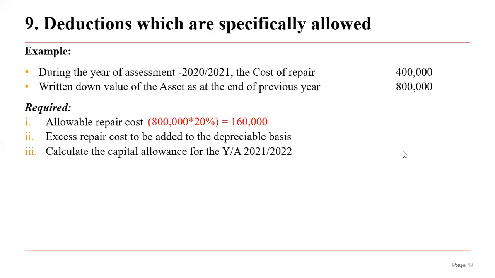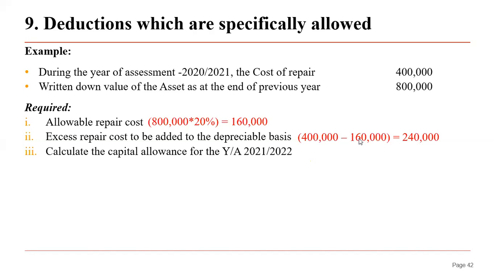I think the auditors or tax accountant in the company might charge the entire repair cost of 400,000 to the P&L. Then what you have to do? The excess repair cost you have to disallow. I am getting the second answers. The excess repair cost you need to disallow, that amount is 240,000, that is 400,000 minus the allowable repair cost.